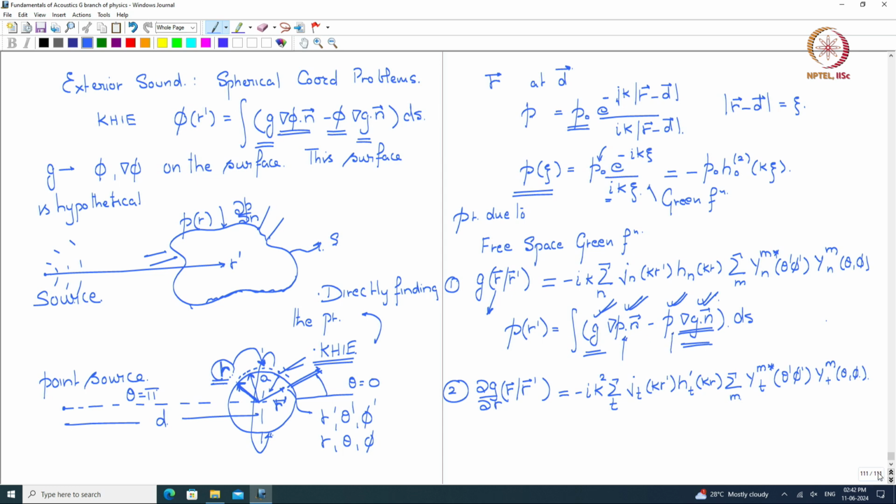Okay. Now the p, which was at xi, the Hankel function has an expansion of this form, which is this entity.